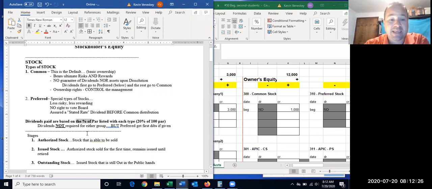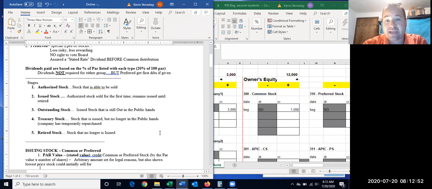With stocks, that's not the case. They do not have to pay dividends. And the percentage in front of the par simply says, in this case, if it was 20%, $100 par, they would get, for every share that they own, $20 of dividend if dividends are given. So 20% of 100 is 20. They would get $20 of dividends for one share that they own.